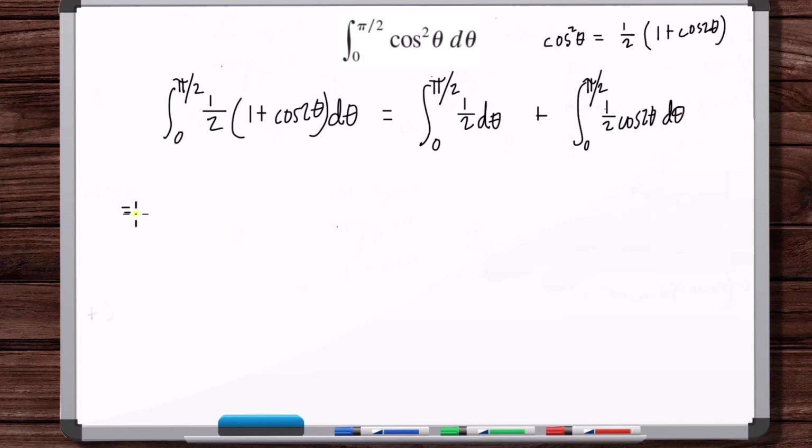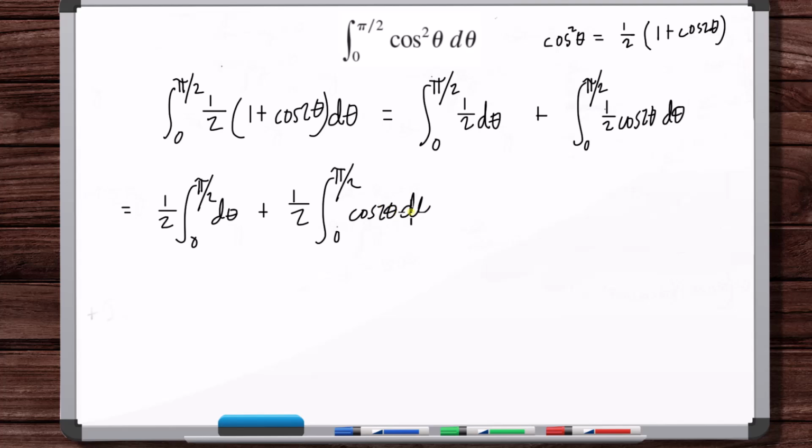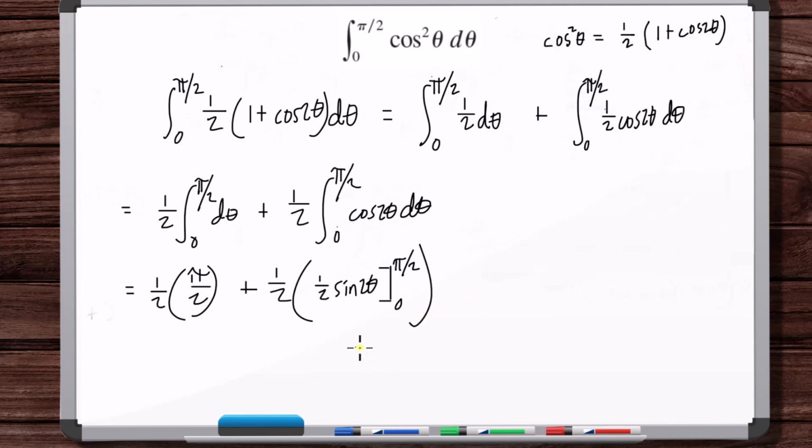All right, so 1/2 times just pi over 2. And then we've got the integral of cosine 2 theta is 1/2 sine 2 theta. And then we're evaluating this from 0 to pi over 2.